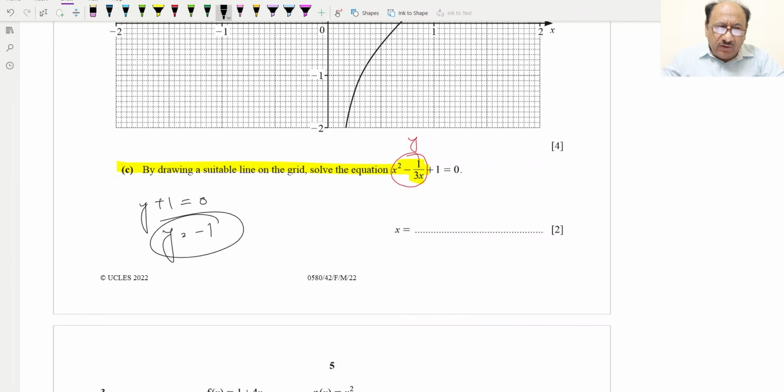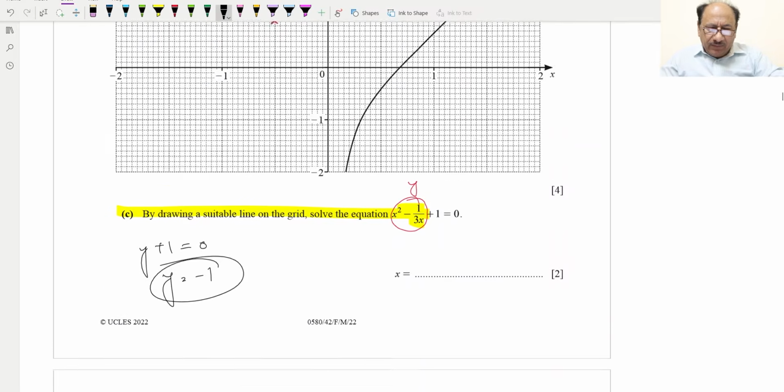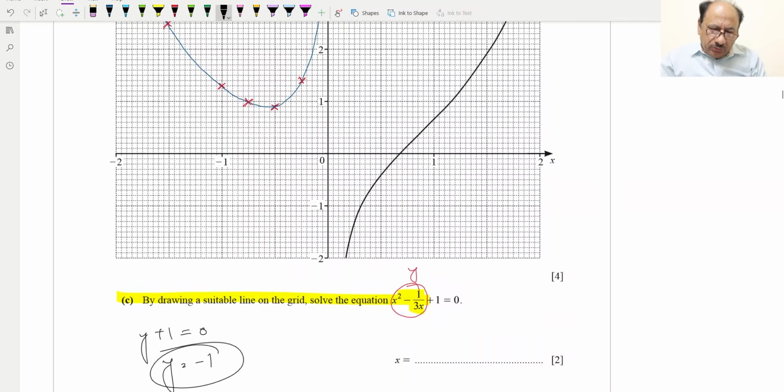So we will draw the y equal to -1 line, and if I draw accurately, this will be the line. Or if I change the color, because I don't think you can see clearly, we can draw this line, this one.